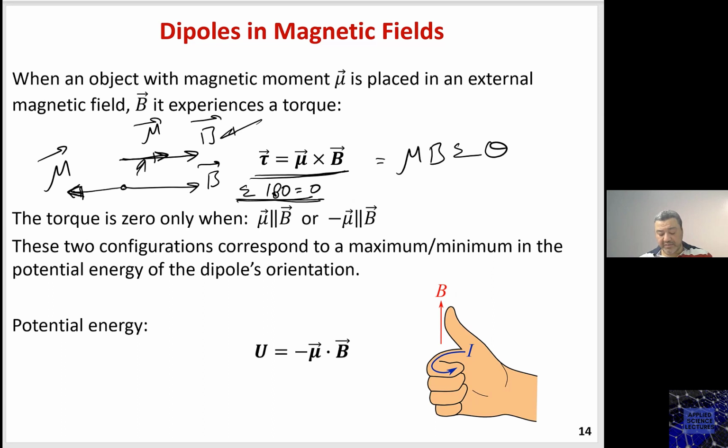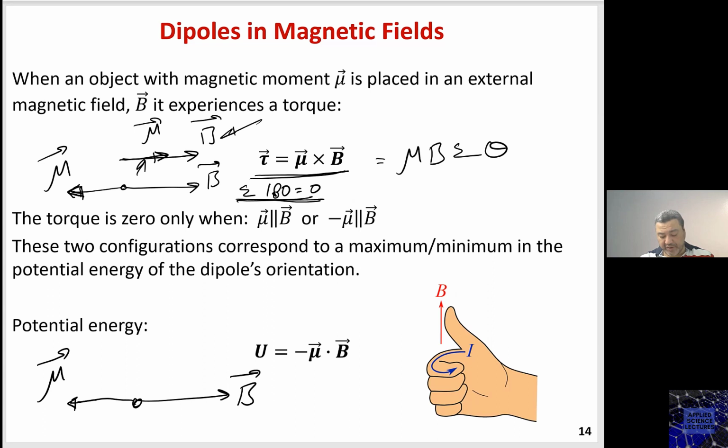So in all cases, the loop will rotate such that the magnetic dipole moment will align with the external magnetic field. So let's look now at the potential energy. The position where the angle between the magnetic field and the magnetic dipole moment is 180 degrees, the anti-parallel, is the position where you have the maximum potential energy.